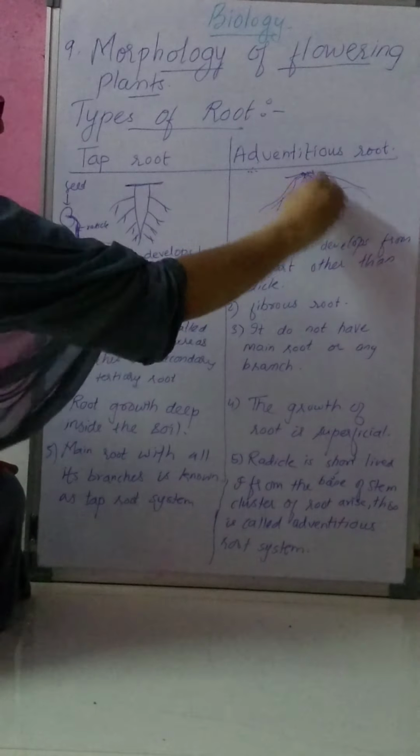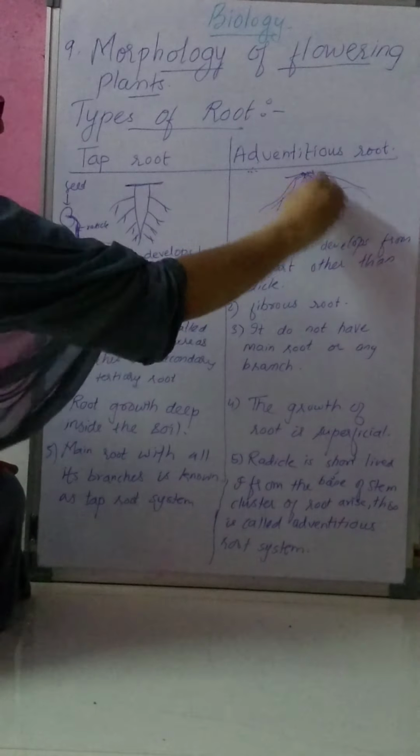Then the next point is this root, that is the taproot. You can see this is the soil part. Here this taproot consists of a main root. This is known as the main root. Then this main root divides into secondary roots. You can see it has branches, that is known as secondary root, and this secondary root has another type of branches that are known as tertiary root.